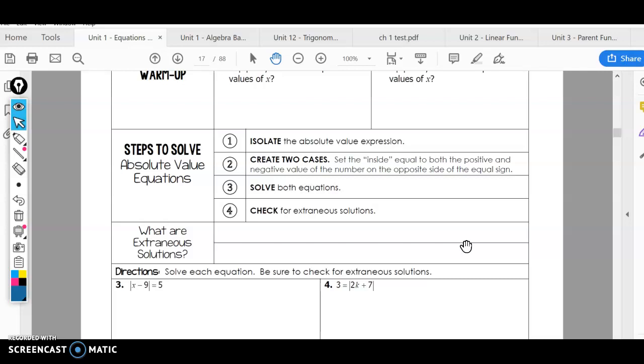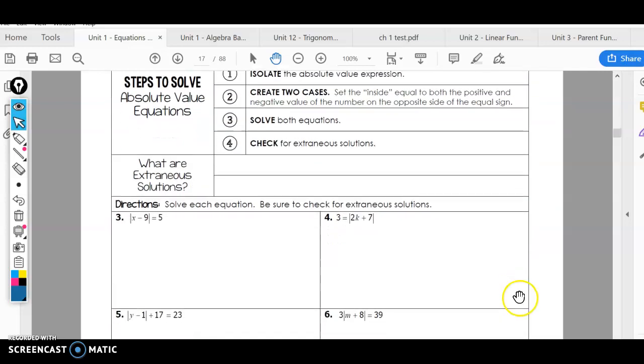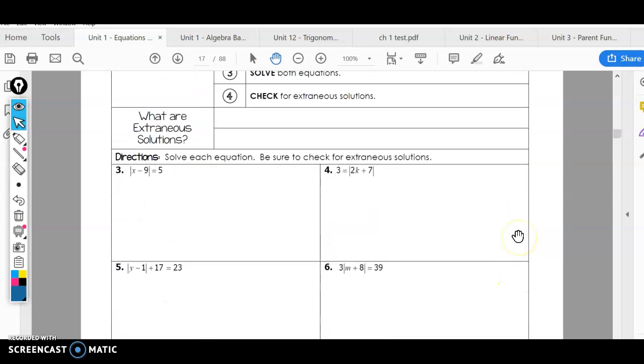You're going to have two different equations. You're going to solve both of those equations, and then you're going to check for any extraneous solutions. Extraneous means that you get the answer, but when you plug it back into the original equation, it doesn't really make sense.